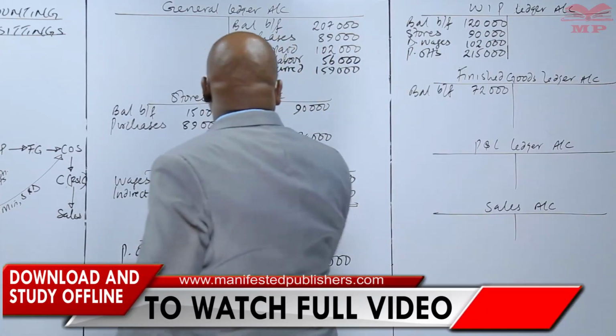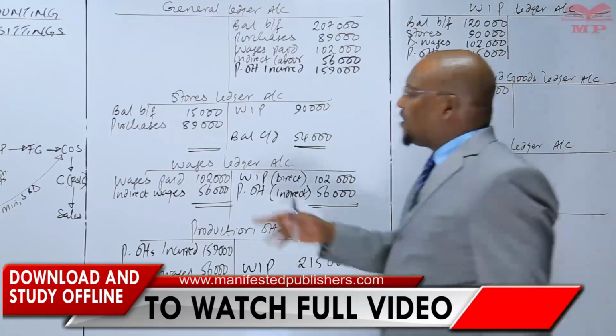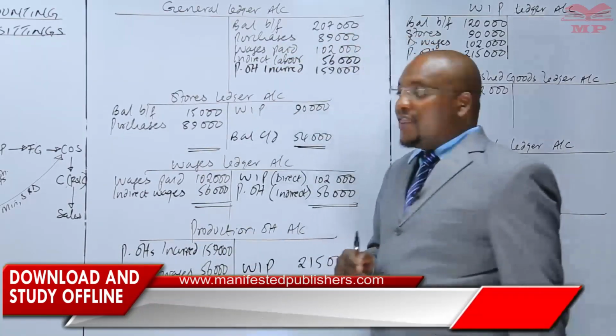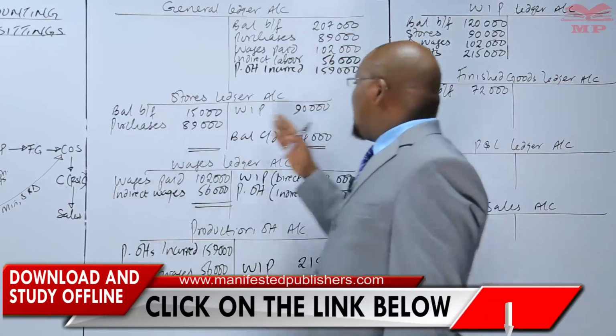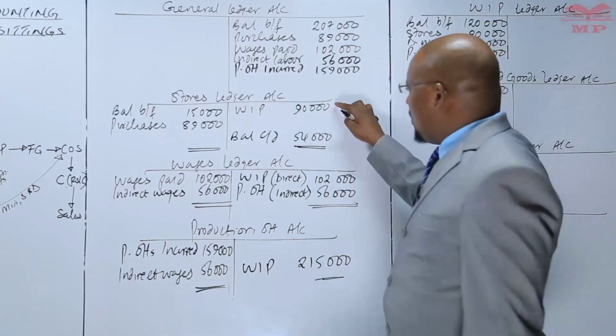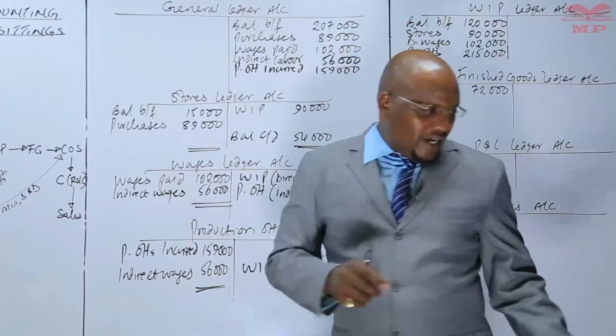Now, for example, if you compare, the debit side is actually 144, while this one is only 104. That means we had more than what we have issued to the production and the balance remaining. This is a lot.